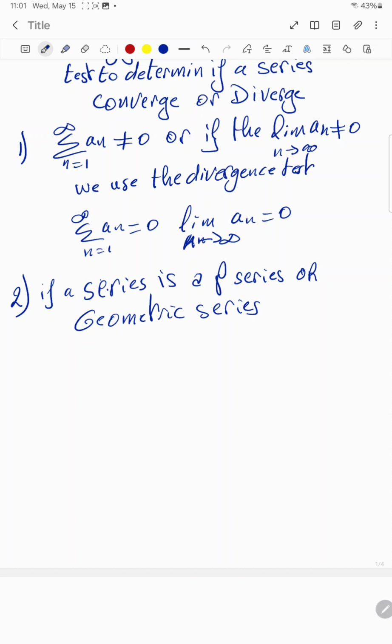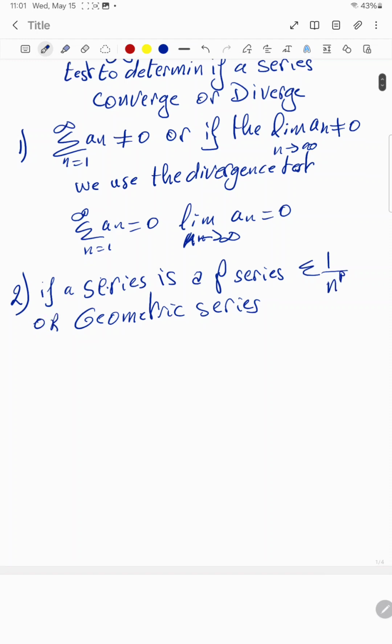The P series resembles the sum of 1 over n to the power of p. And the geometric series resembles this.